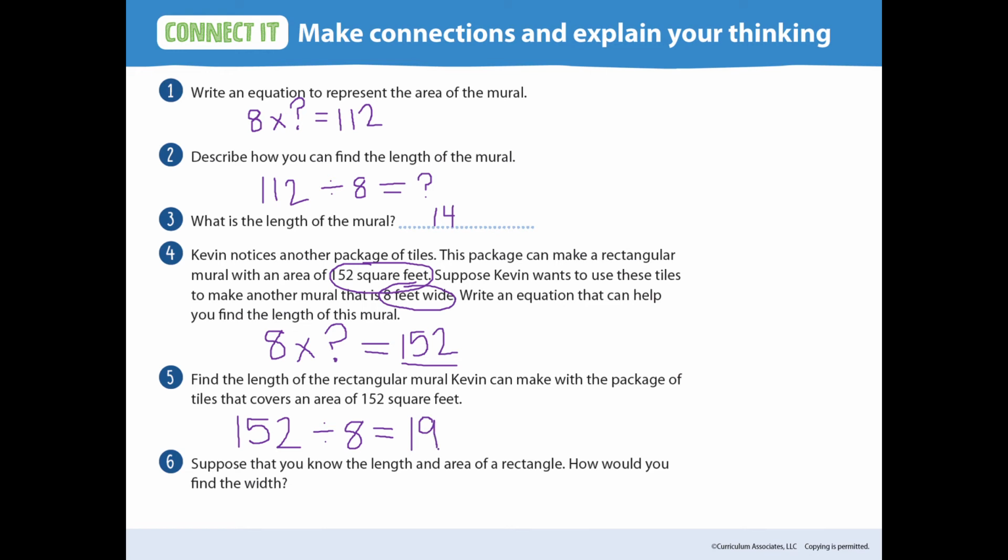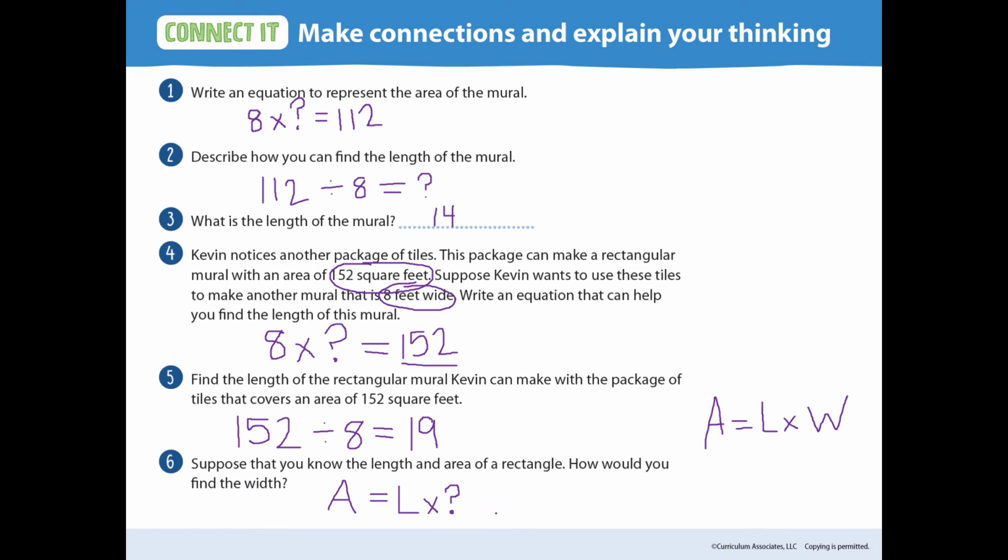Number 6, suppose that you know the length and area of a rectangle. How would you find the width? So if we know the length and the area, how would you find the width? So remember, area equals length times width. So if we know the area, and we know the length, but we don't know the width, we can do the exact same thing we were doing before.